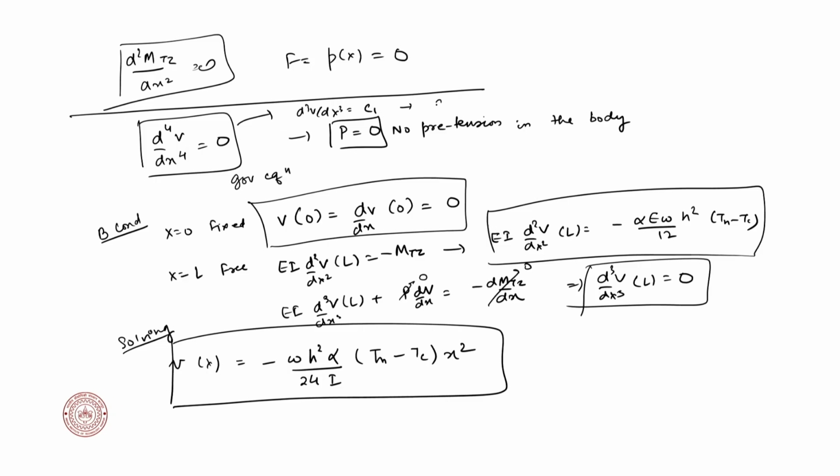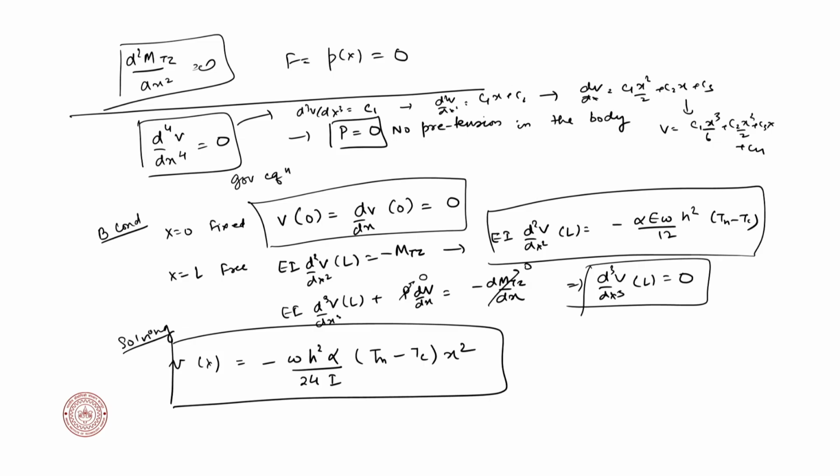Integrate again, d squared v by dx squared equals c1 x plus c2. Integrate again, dv by dx equals c1 x squared by 2 plus c2 x plus c3. Integrate one more time, we will have c1 x cubed by 6 plus c2 x squared by 2 plus c3 x plus c4. We will have four integration constants. With the boundary conditions, if we put them in, we will get all four integration constants. Our equation boils down to this.